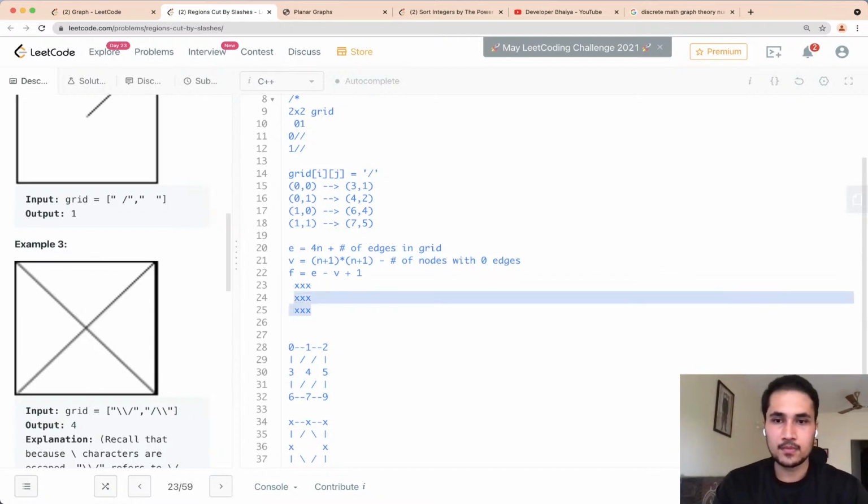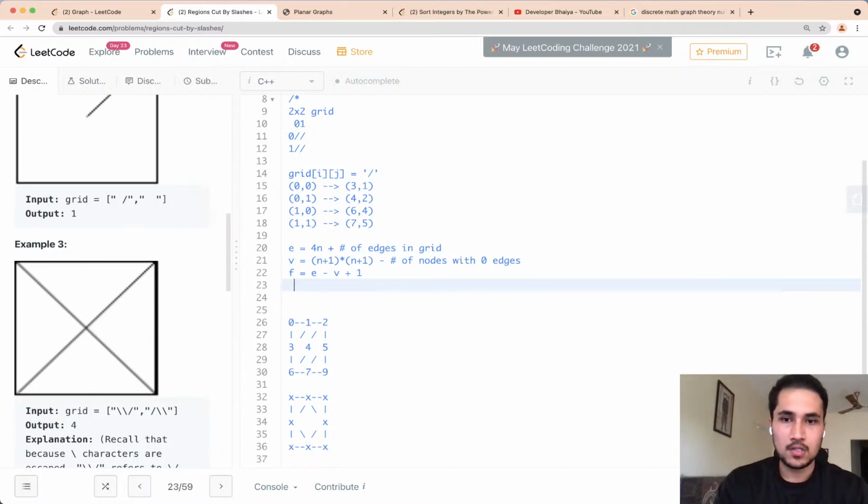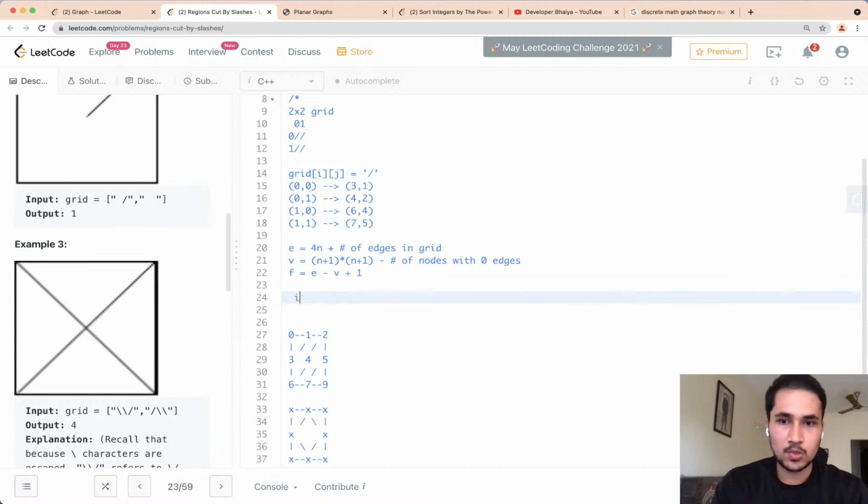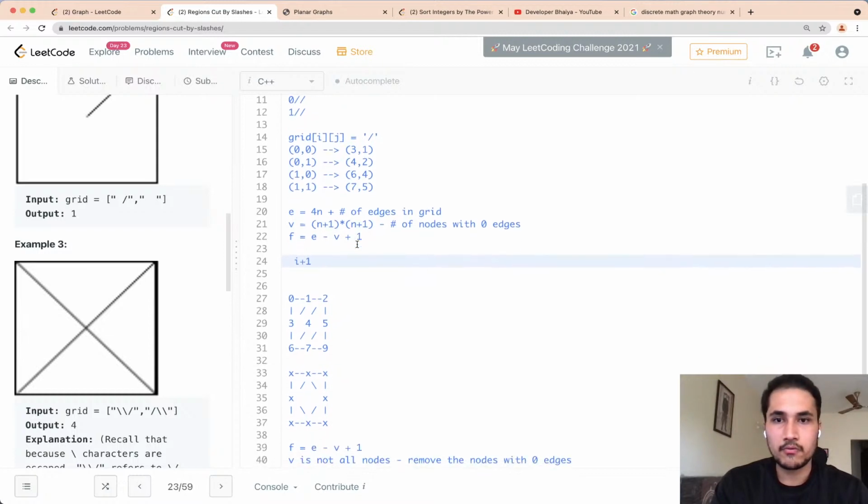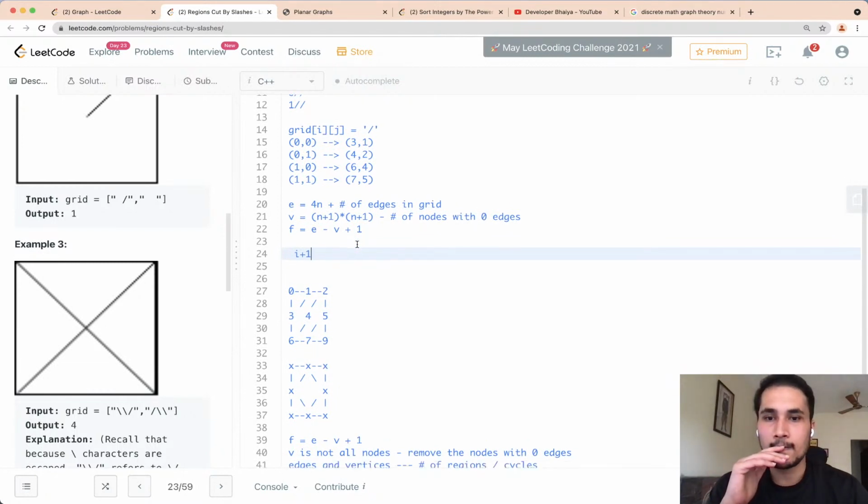So let's see. What I'm thinking is, let's do I plus 1, and j, right. Okay, right. So if my ij is a forward slash, then right now it's at ij and it's also going to the next row and towards the left hand side, right? Okay, makes sense.